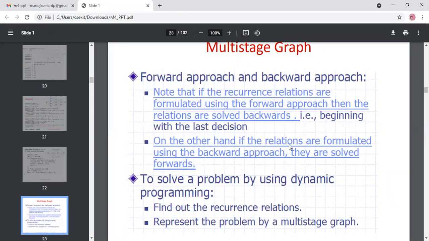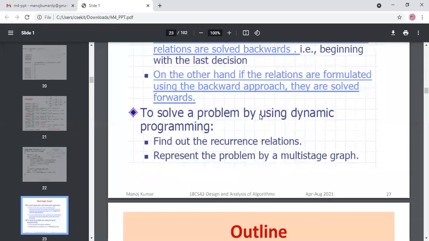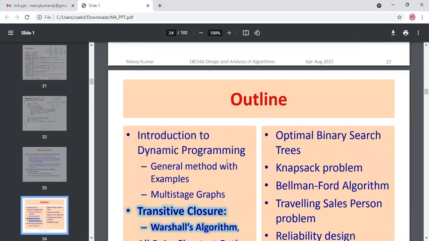On the other hand, if the relations are formulated using the backward approach, they are solved forward. To solve a problem using dynamic programming, find the recurrence relation and represent the problem using a multi-stage graph. So this is up to multi-stage graphs.